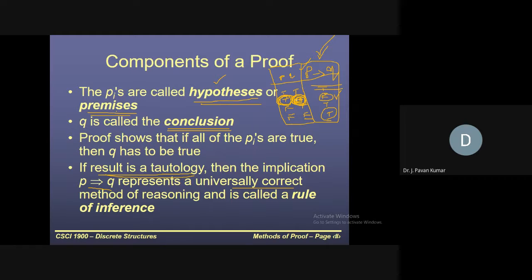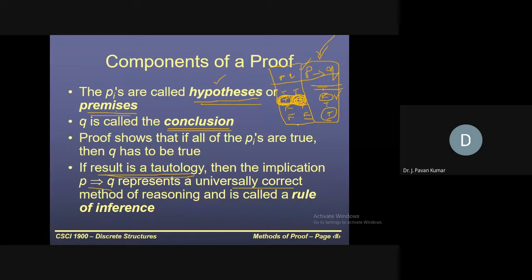I'm repeating once again. If P is true, Q is true. If this statement holds, then can we say P implies Q is universally acceptable, universally correct? Why? Because this is the only case where we are getting false, but that case we are guaranteeing will not arise.